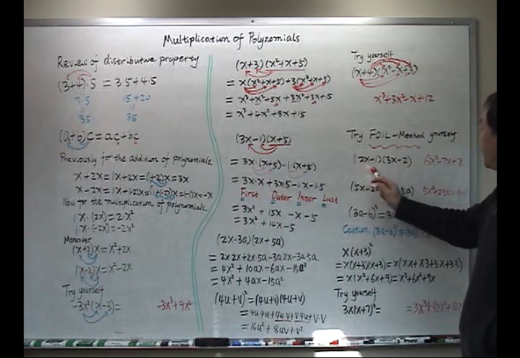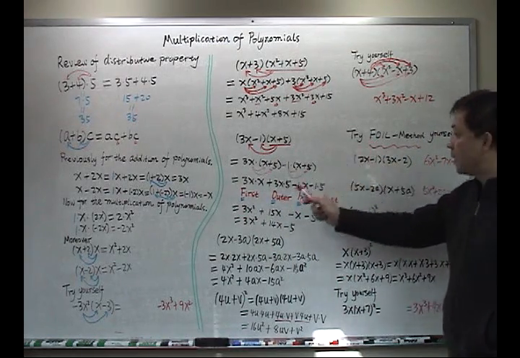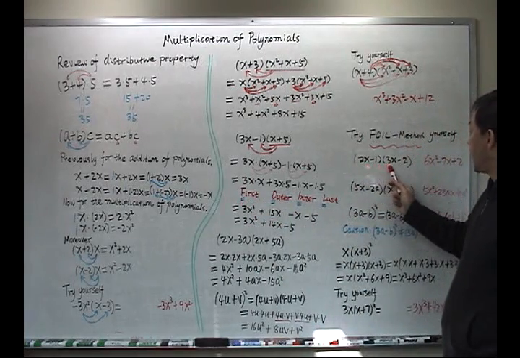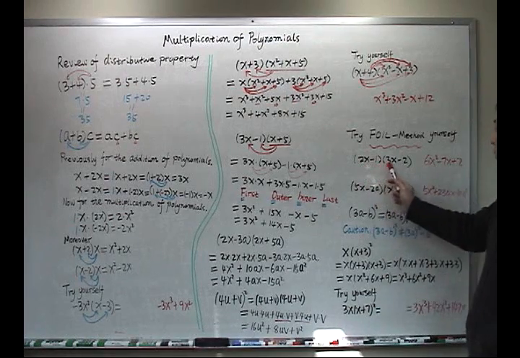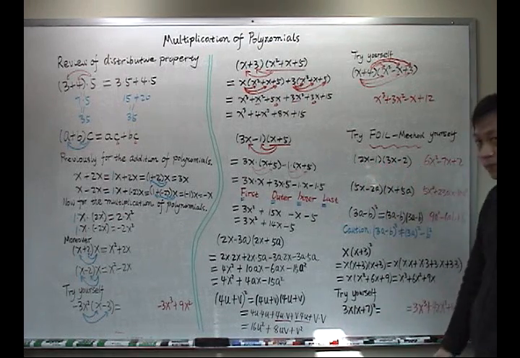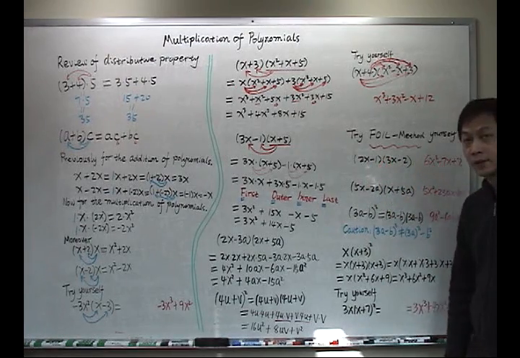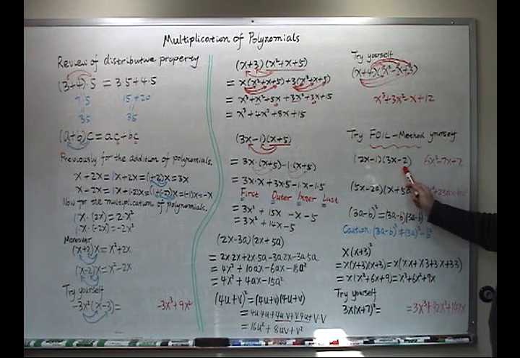So try this one yourself. The first product for your method would be 2x times 3x, which will give you 6x squared. 2 times 3 is 6. x times x is x squared. Outer product is 2x times -2, which is -4x.